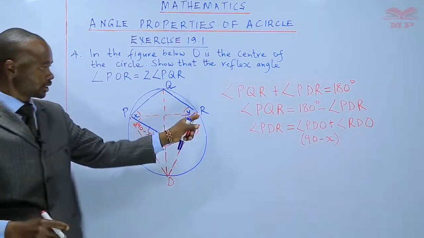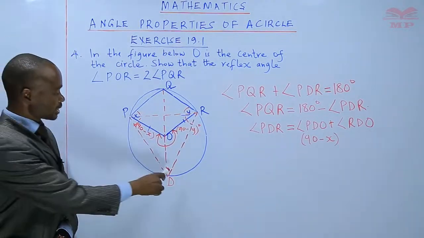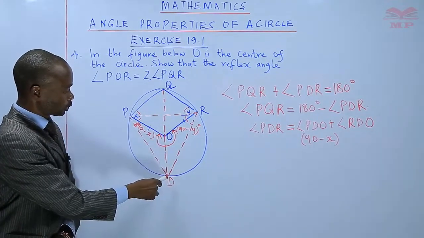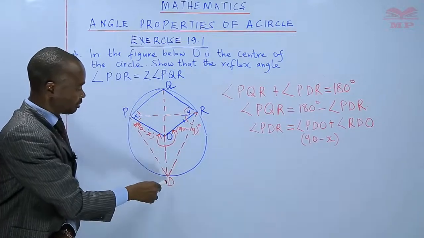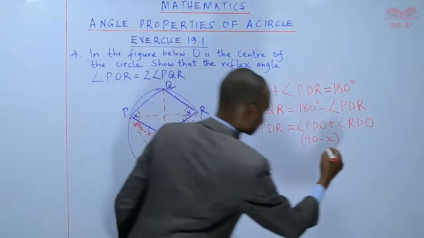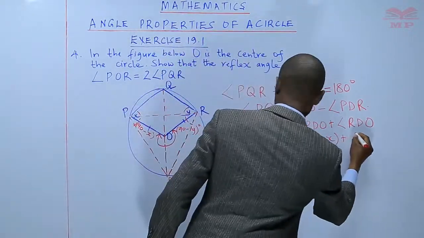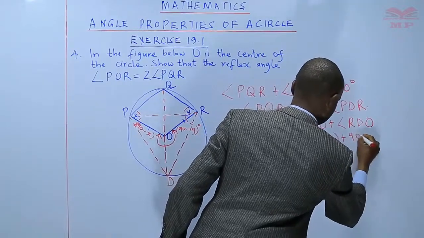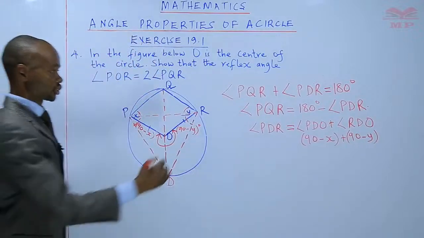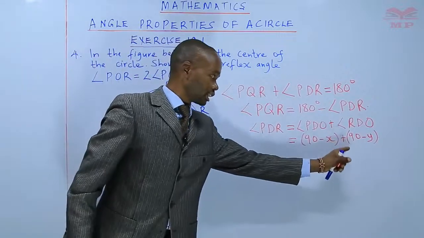And RDO, the same thing. Look at that isosceles triangle. This angle RDO is also equal to DRO. And I know the value of DRO. So it will be 90 minus x plus 90 minus y.